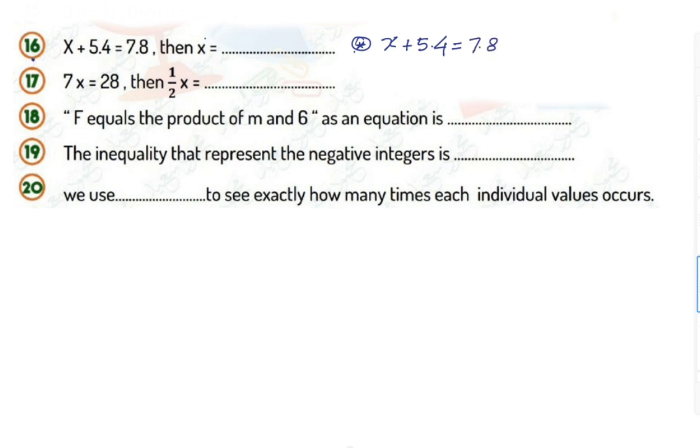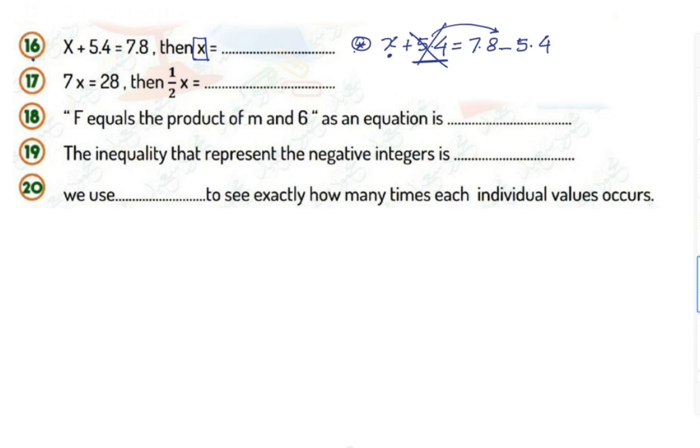And you need to find the value of x, just x. So the problem here is that x is not alone, x plus 5.4. So what you do with this 5.4, with this plus sign, I will send it to the other side as minus 5.4 and delete this from here.